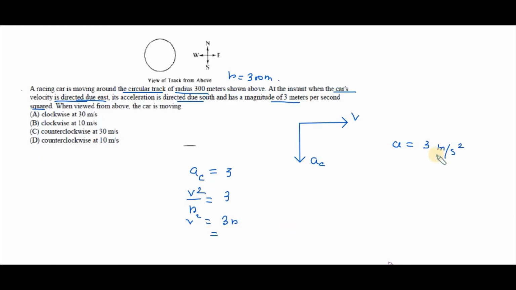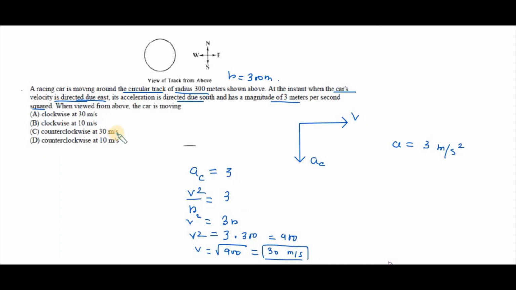Presently r is given as 300 meters. So 3 times 300 is equal to v square, that is 900, which means v is the square root of 900, that is 30 meters per second. So we have got the velocity value, 30 meters per second.